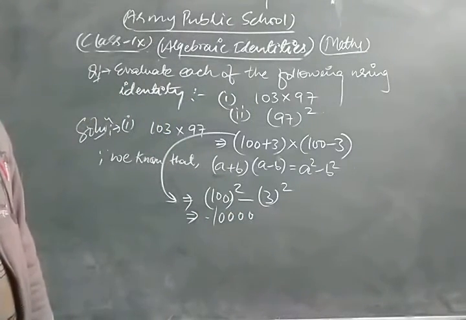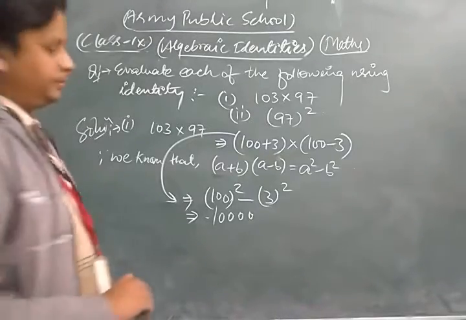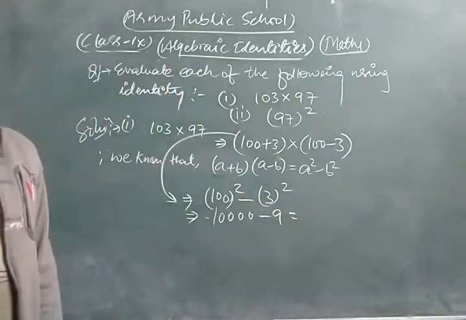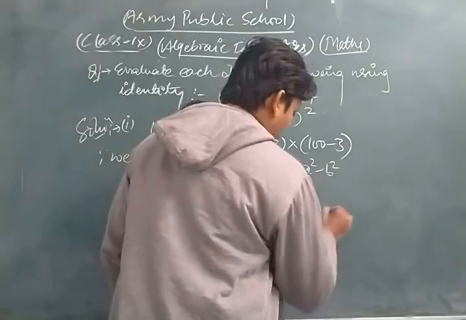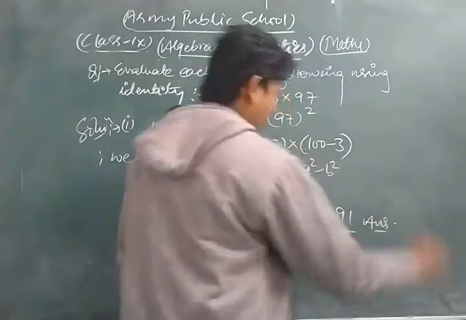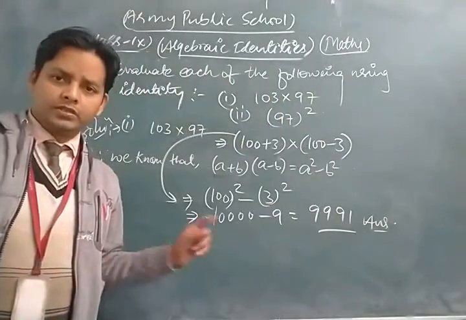Okay, and now minus 9, 3 square is 9. So we get 9,991. So 9,991 is the required solution of the given question.